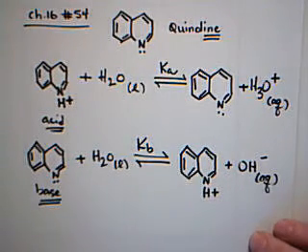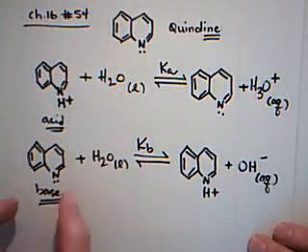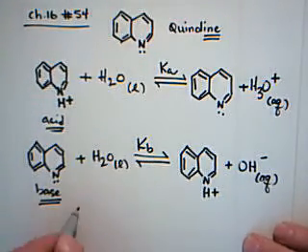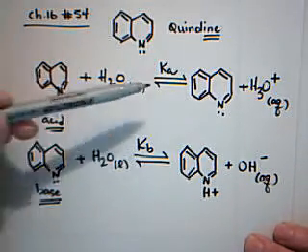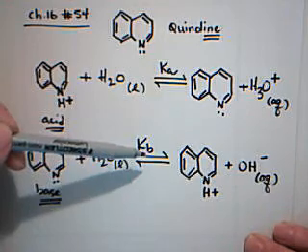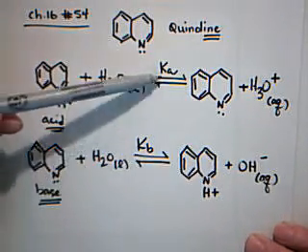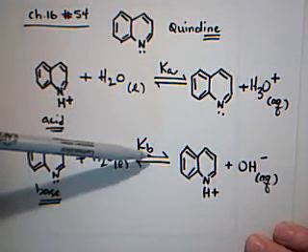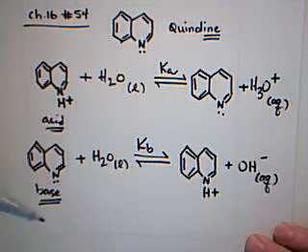So it says, what is the pKb for quinoline? Well, we know that the Ka times Kb for a conjugate acid-base pair is equal to 10 to the minus 14, right? And so a pKa plus a pKb is equal to 14 for the conjugate acid-base pair again.